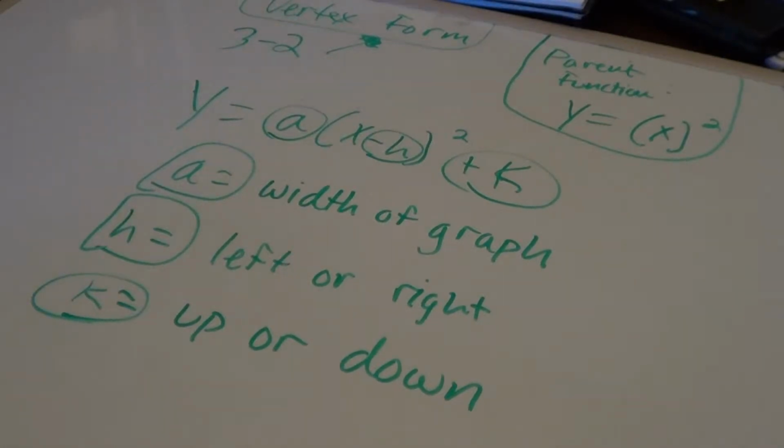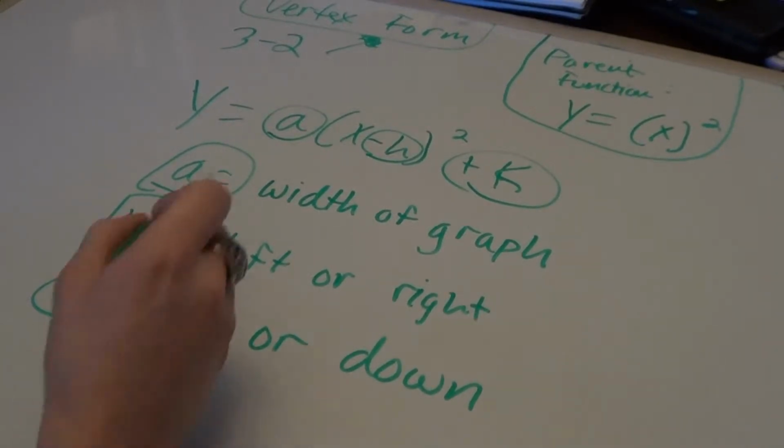Y is equal to a open parentheses x minus h close parentheses squared plus k. Now the first thing we need to do is identify what each of these variables does: the a, the h, and the k.